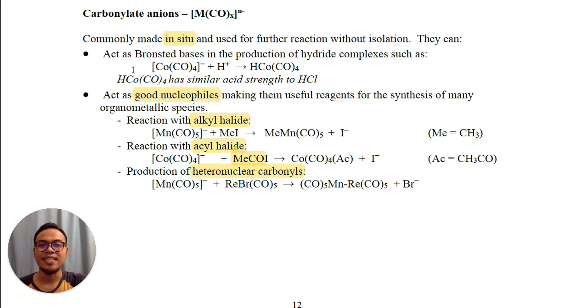So what is it? You can see from this reaction, we have cobalt, and then we have carbonyl, negatively charged, carbonylate, and then this carbonylate complex has now become more receptive in accepting proton. So it will form acid here. In fact, this acid has a similar strength to your HCl.